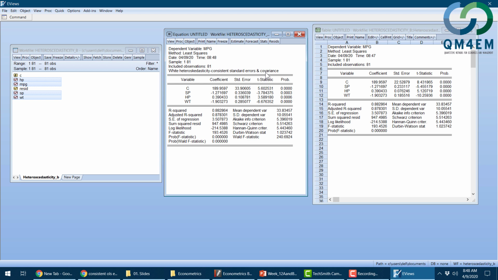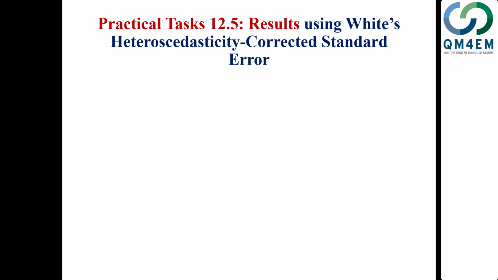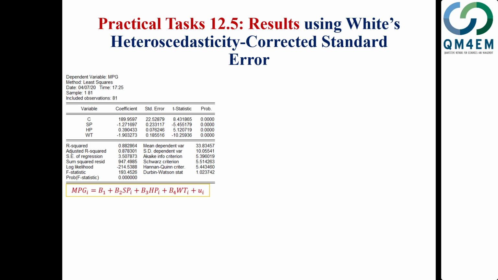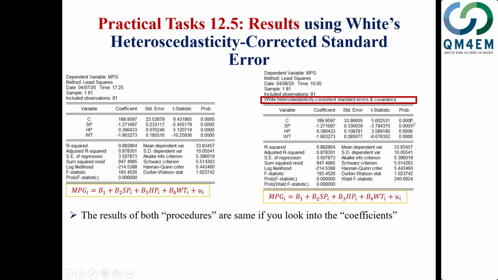So let me go to the results. This is the result of the original model, and this is the result of the White heteroscedasticity-consistent standard errors and covariance. The results of both models are given, as you can see here. Now what you should note is the coefficient values.